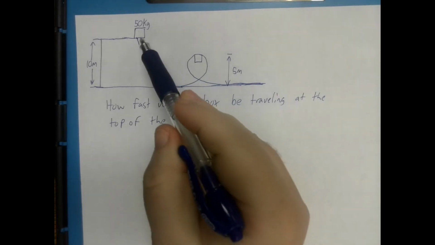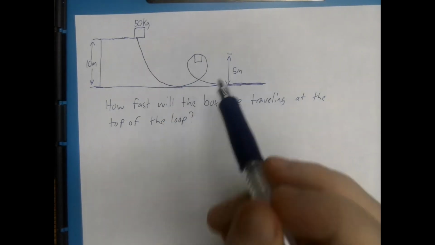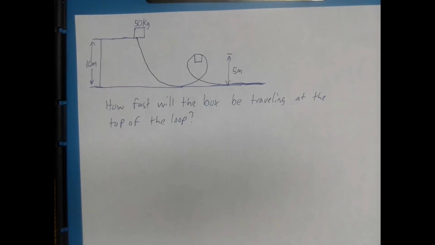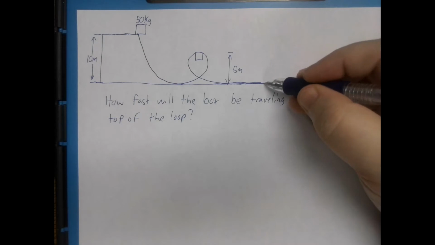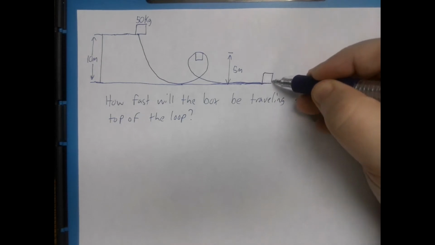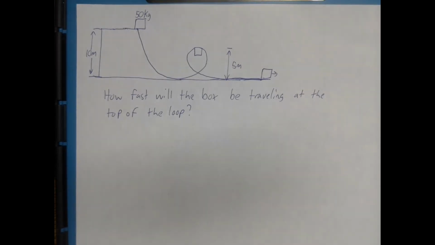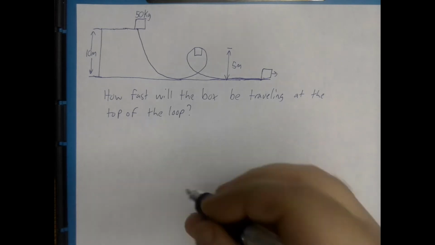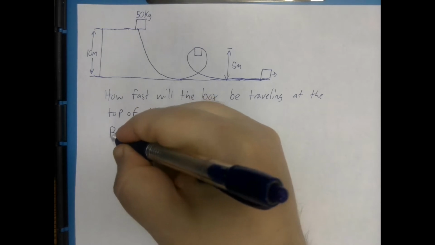So the box is going to slide down, go under the loop, and continue moving. Eventually, it'll come on this flat portion and be moving at some speed. So, in solving these problems, we do a before and after.